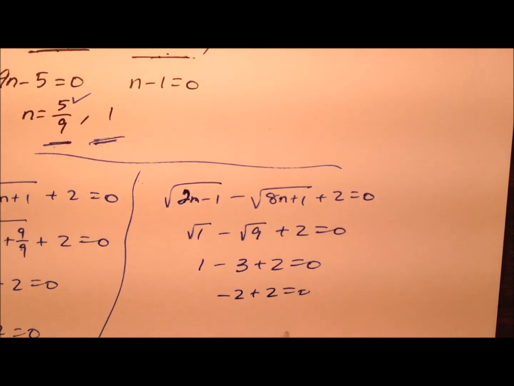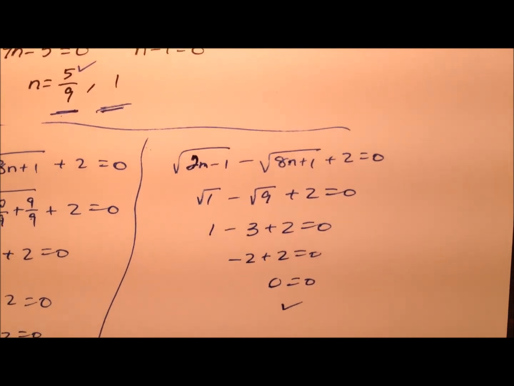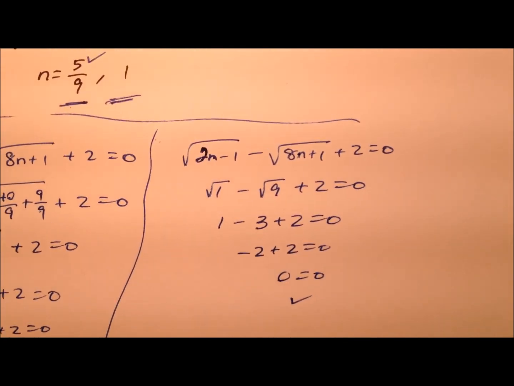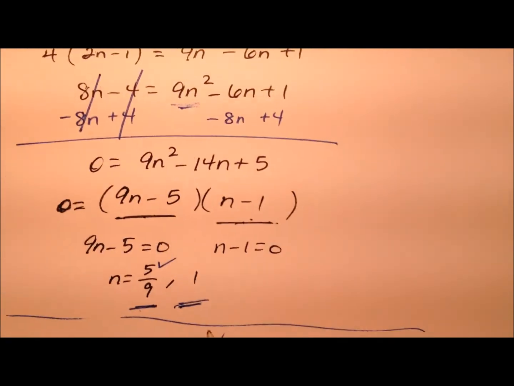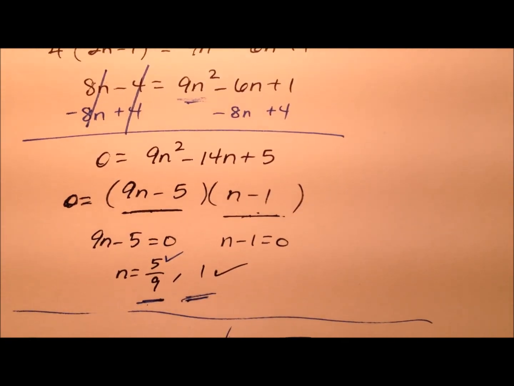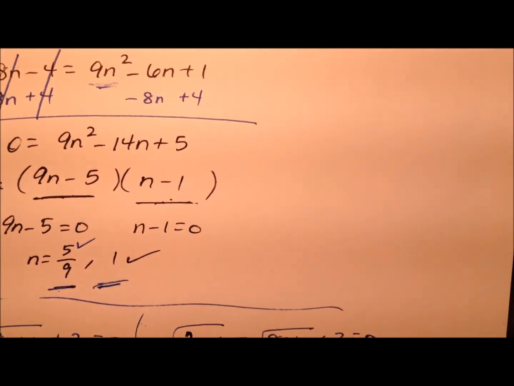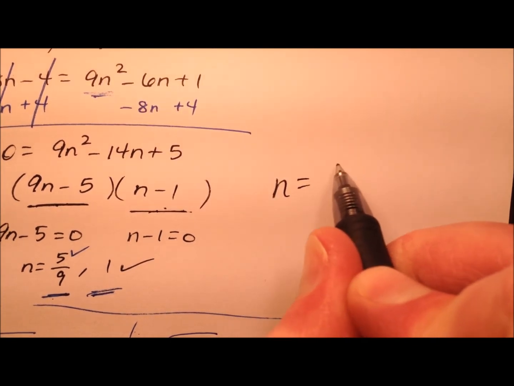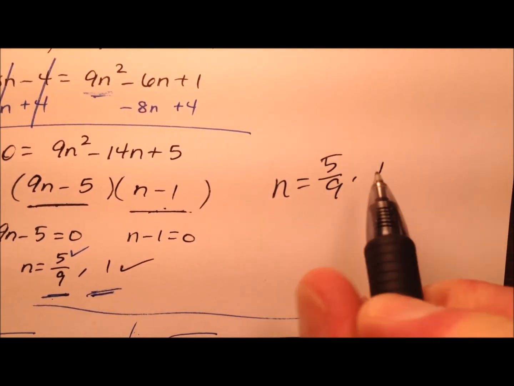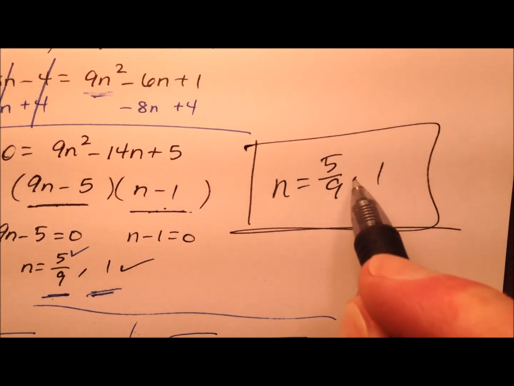Yes, this looks pretty good. 0 equals 0, so that one also works. It appears that both of these values that we got worked out. Neither one of them happen to be extraneous solutions. So we can say n equals 5/9 and 1.